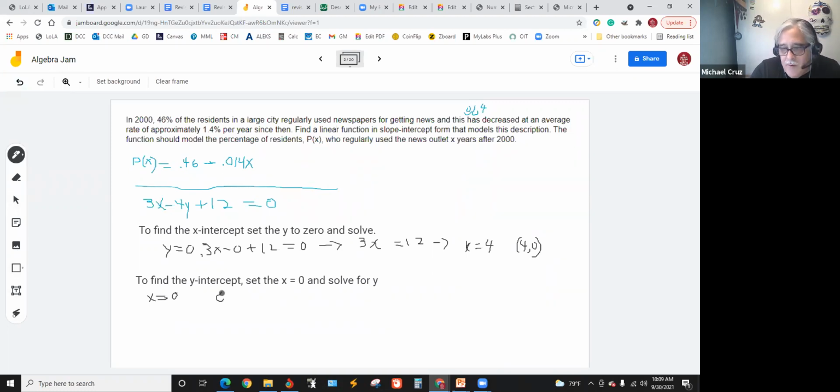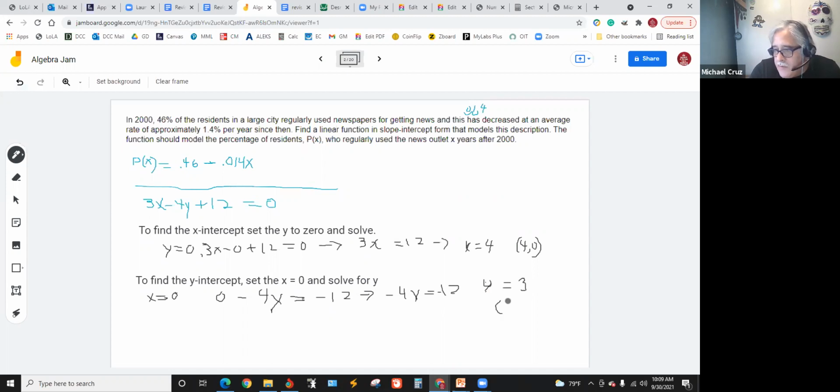So that's going to be 0 minus 4y, and I'll just subtract, so that'll be equal to negative 12. So negative 4y is equal to negative 12. So that means y is equal to 3.